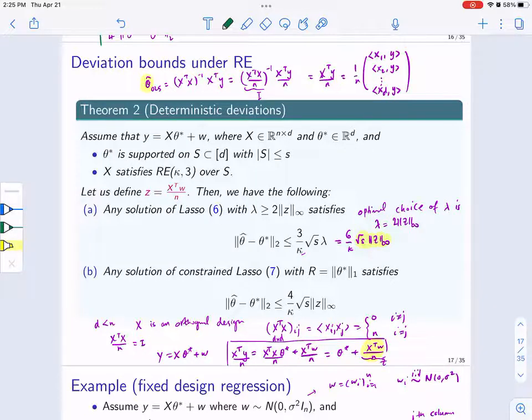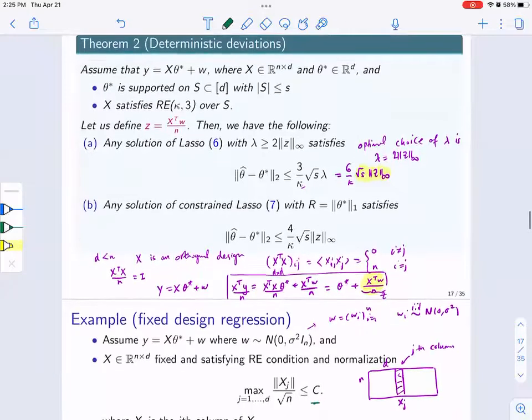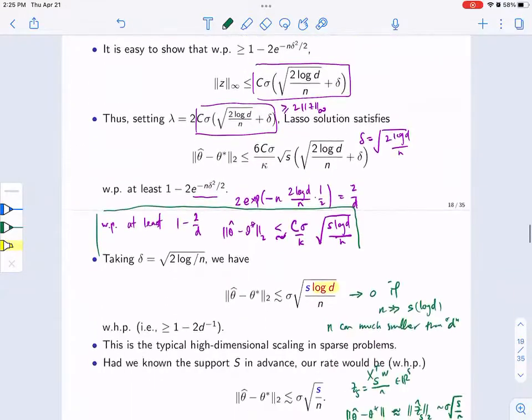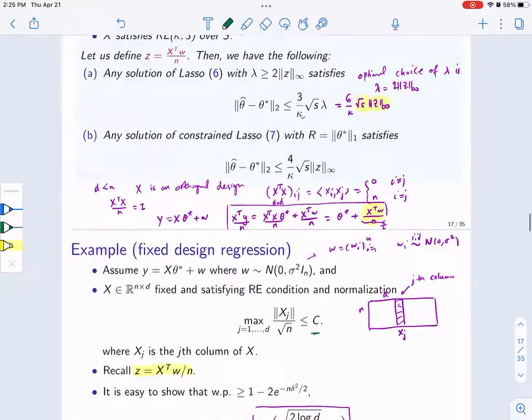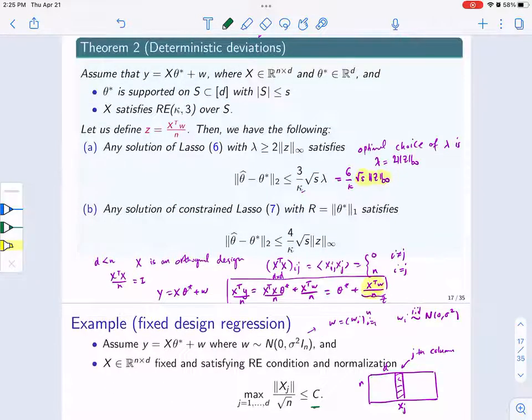Are there other questions? Okay, so let's see how this is proved. Another point just to emphasize: this is an example where you prove something deterministically. So this result has no probability in it.